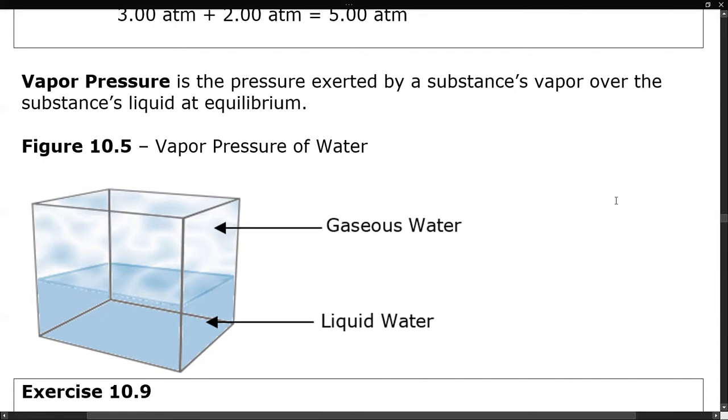Say we have this container with liquid water; in that head space, you're going to have some gaseous water. If you were to evacuate that and allow it to evaporate until the pressure equalized, that pressure at a given temperature is the vapor pressure. Vapor pressure is temperature dependent, so you're going to have to look that up or it will have to be provided. There's an appendix in your textbook that does have vapor pressures of water.